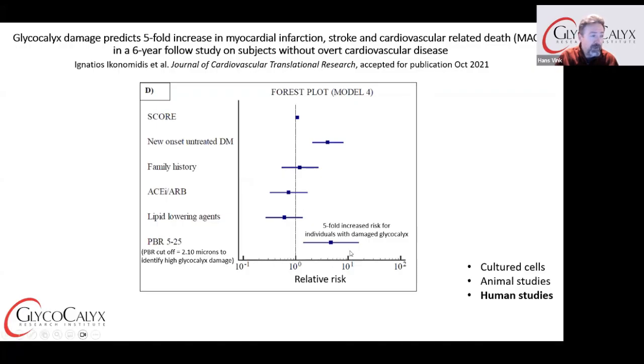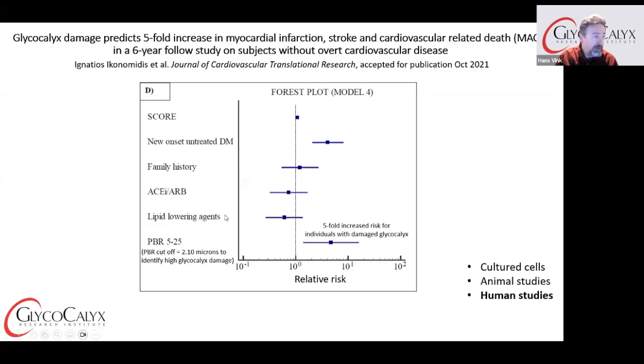And then we found over the 6 years that there's a more than 5-fold greater risk of a heart attack or a stroke when your glycocalyx is damaged compared to the people with a healthy glycocalyx. And it's even much more significant than other risk factors like diabetes or family history of cardiovascular disease or using antihypertensive agents or lipid lowering agents. So just having your glycocalyx compromised is a very high risk of getting all kinds of vascular complications and what we call a major adverse cardiovascular event.